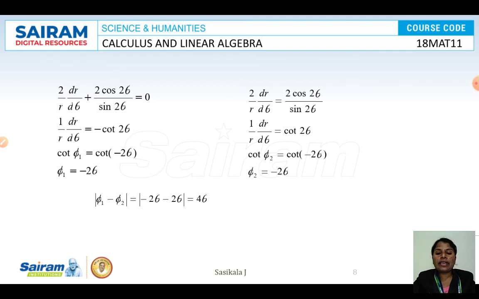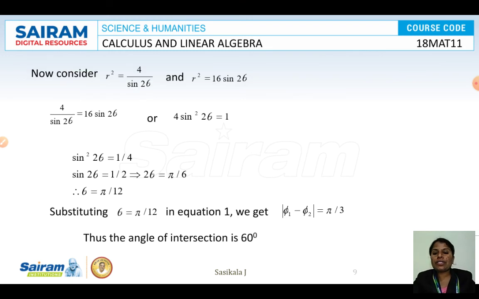Here you are going to find the exact angle. So for theta, I am going to get it from your given equations. I'm going to consider the r squared terms of the two equations. The left sides are equal, so the right sides are equal. 4 by sine 2 theta is equal to 16 sine 2 theta. Here 4 and 16 will get cancelled, and I'll get 1 is equal to 4 sine 2 theta into sine 2 theta, which is 4 sine square 2 theta, equal to 1.